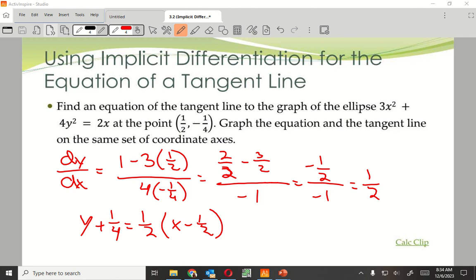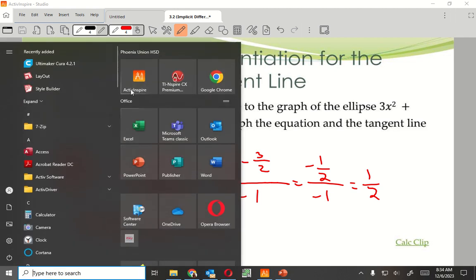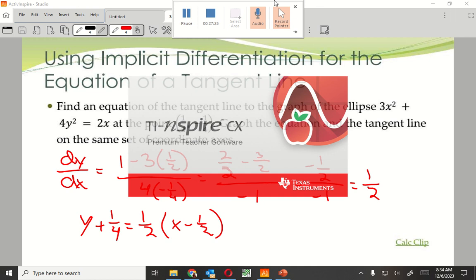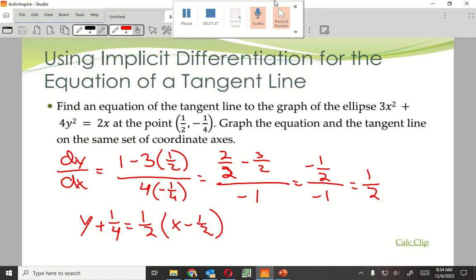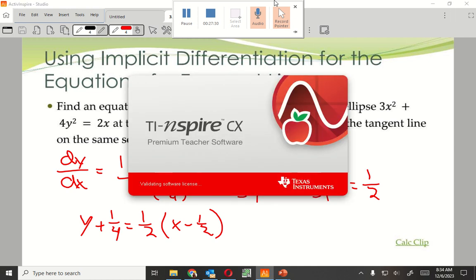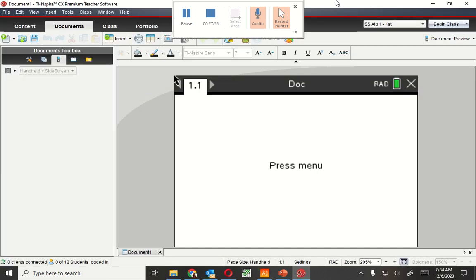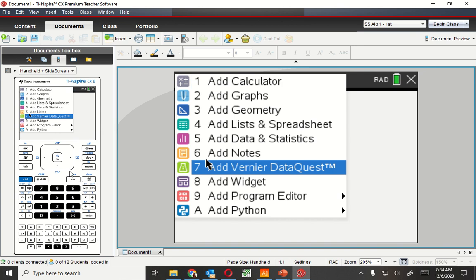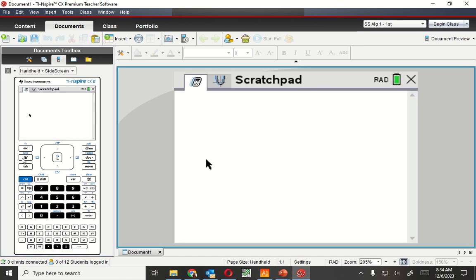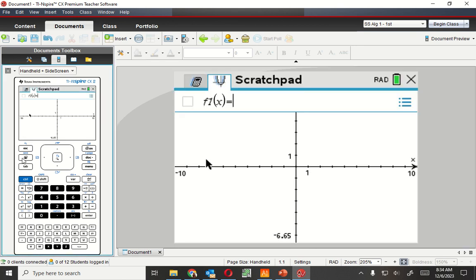And then we're going to have to graph all this, so let's go ahead and take out those calculators. These calculators are super smart.